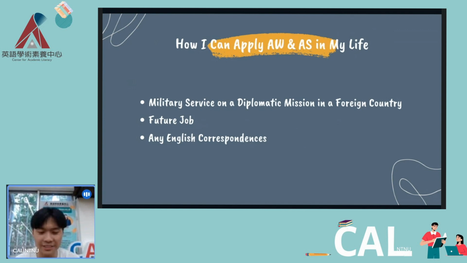But instead of the usual army service, I chose to do military service on a diplomatic mission in a foreign country. That is to say, I'll be spending a lot of time speaking or writing English, because in the program I'm going to be assigned to one of the countries that has a diplomatic relation with Taiwan.